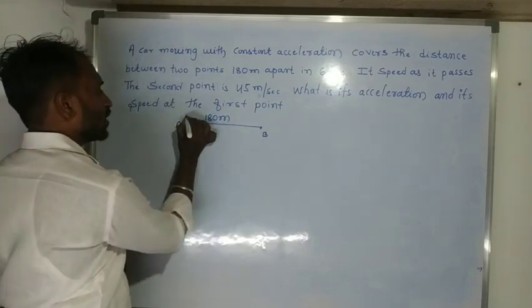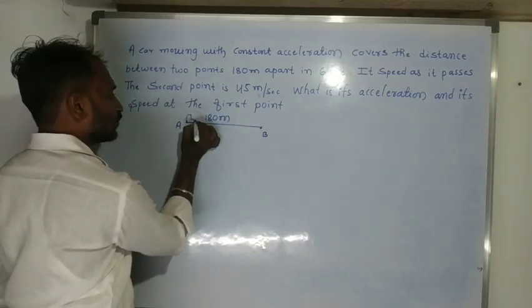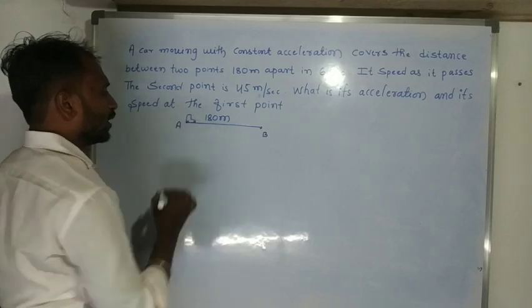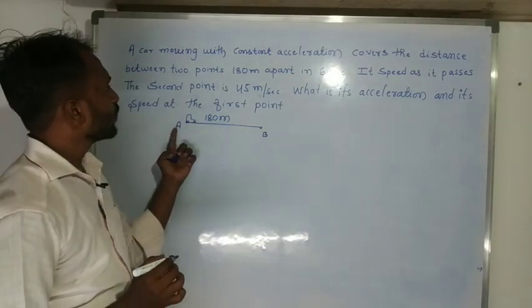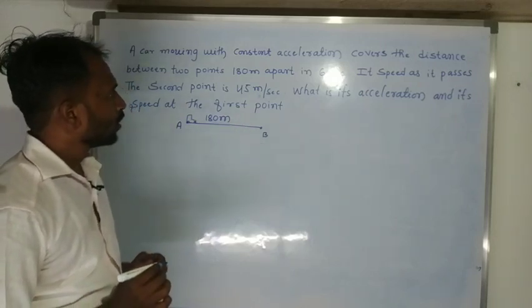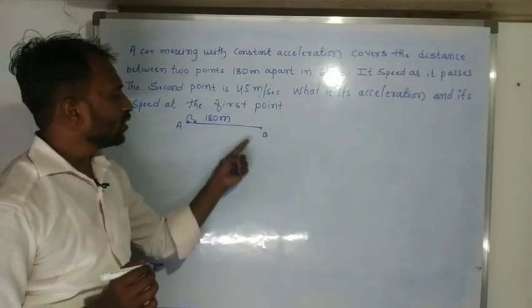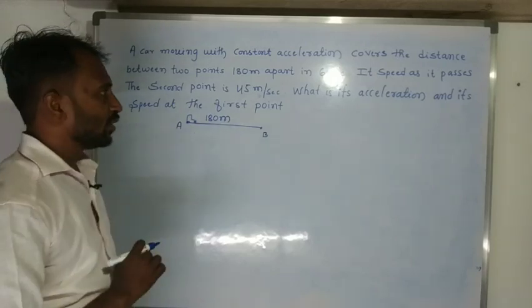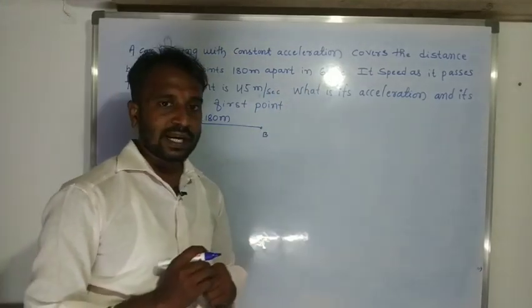Okay, so here we consider that this one is a car and it covers 180 meters. It means from point A to B we consider 180 meters.